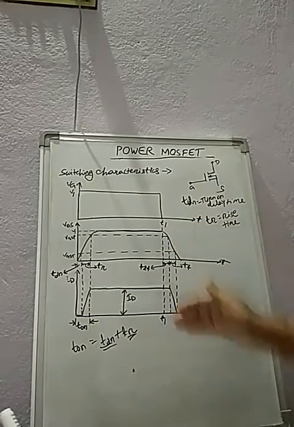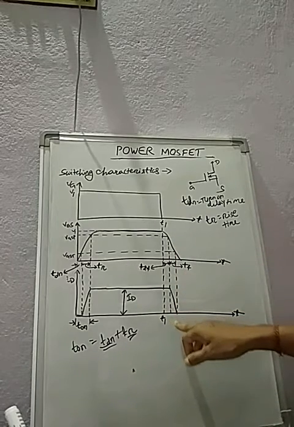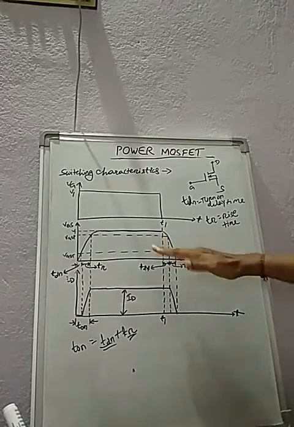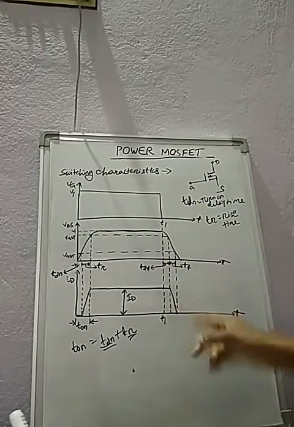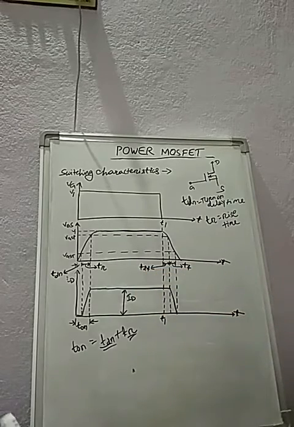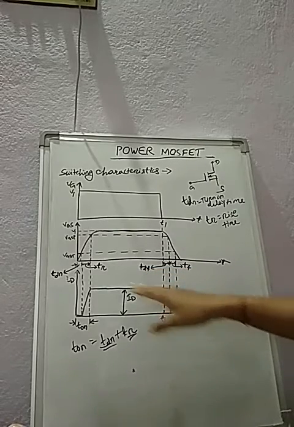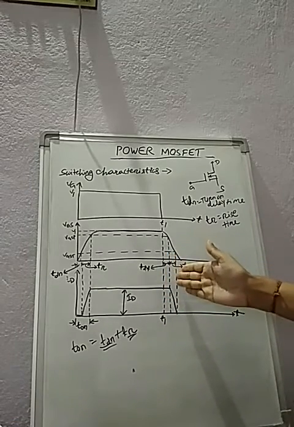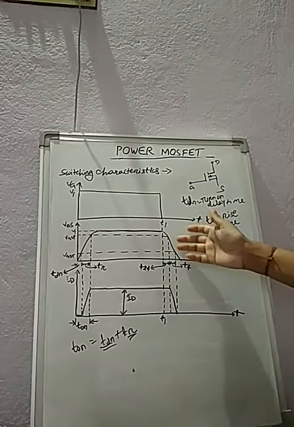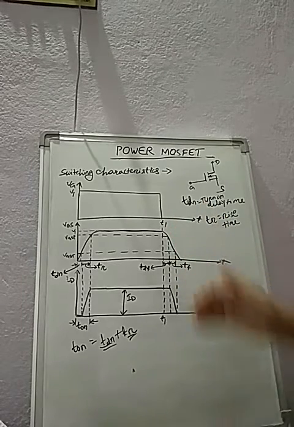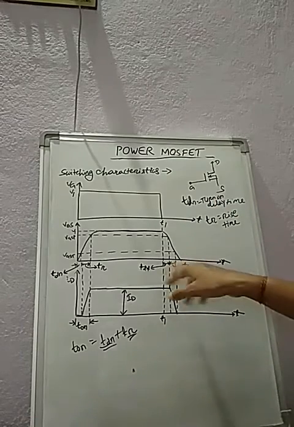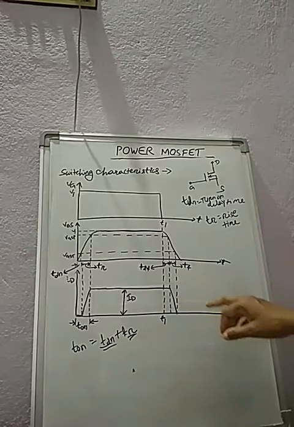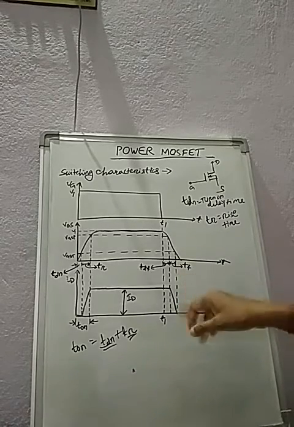Okay, so during TF, see what happens to the drain current. Here the VGS level is above the threshold level. So during the turn off delay time, ID is not 0, ID maintains its full level current. But after this TDF time, when the VGS level reaches VGSP, during TF the drain current falls.